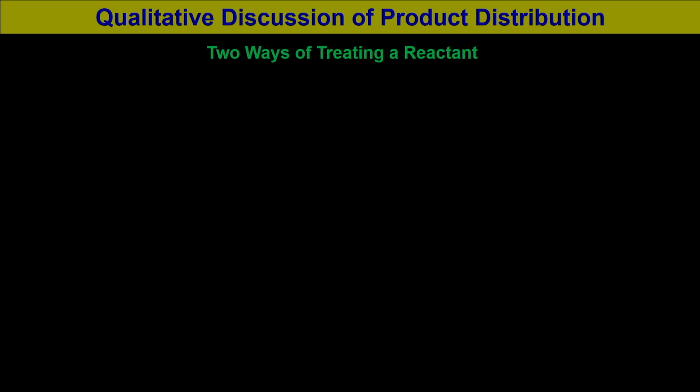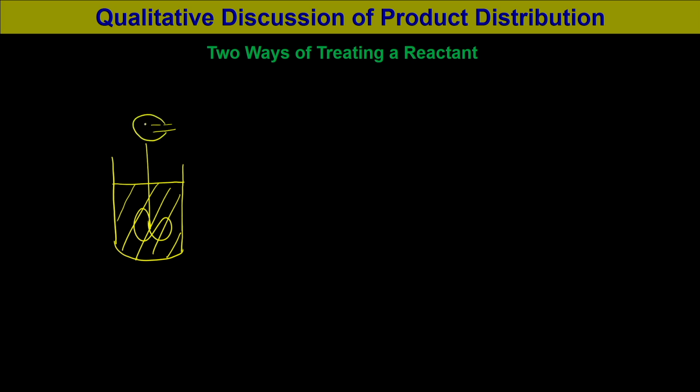One, we can take a CSTR, and it is stirred, and we have a light source, so light will fall and the reaction will start.